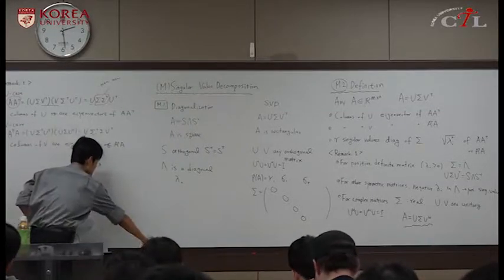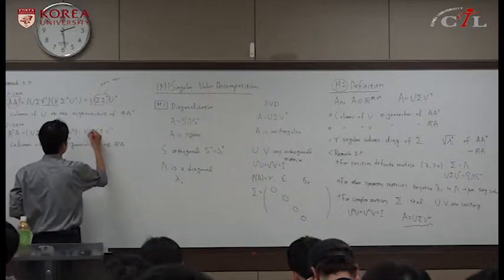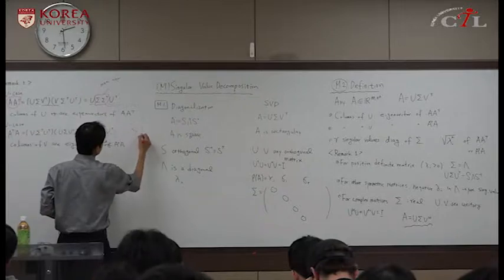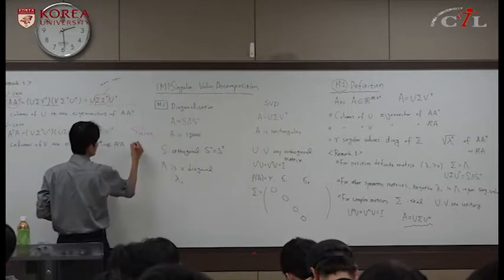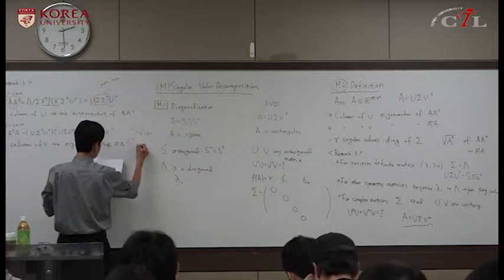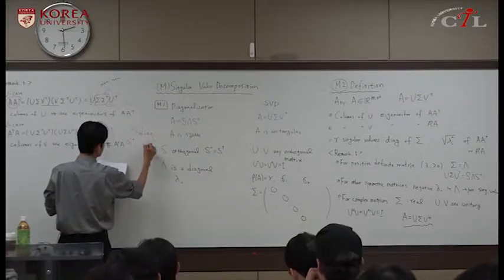Here, in sigma, this is a square matrix, and in its diagonal components the squared singular values are allocated.